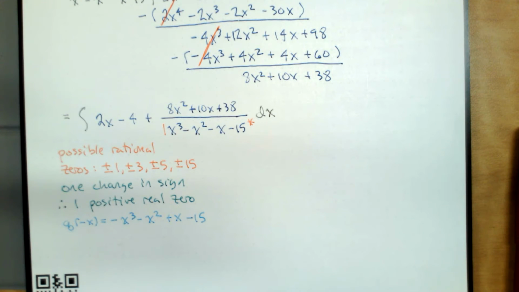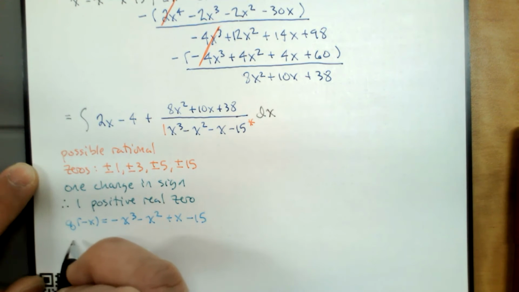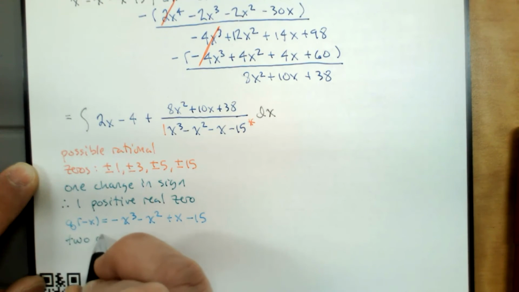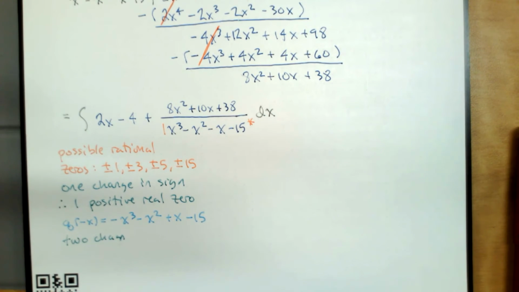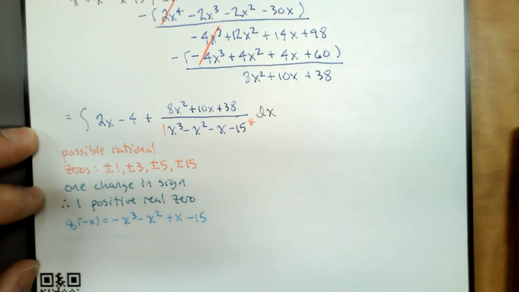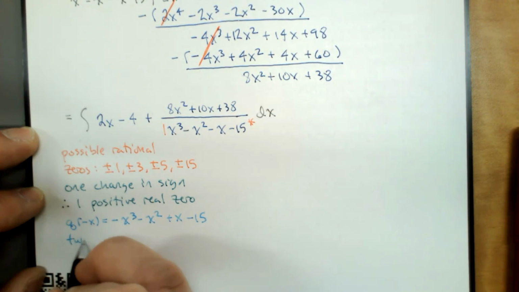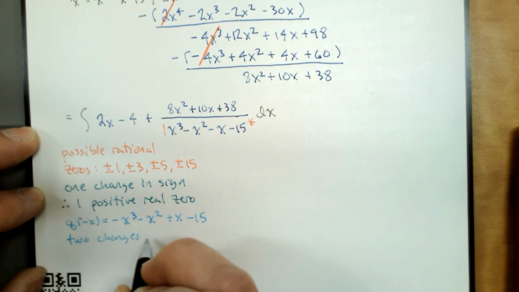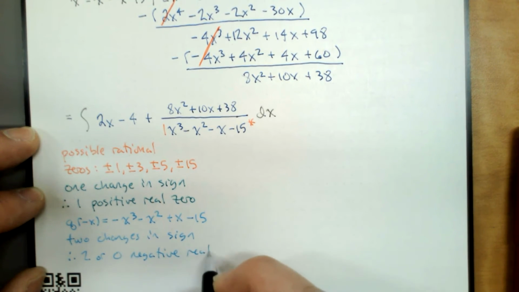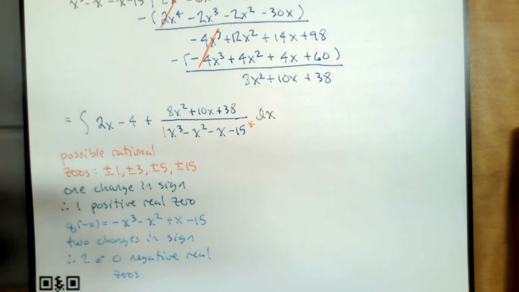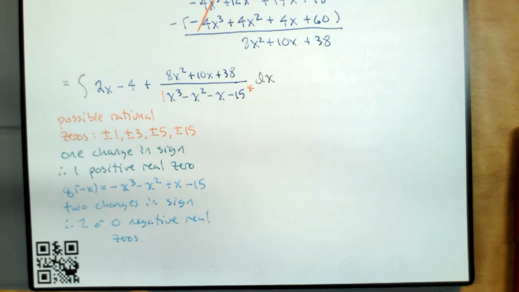Q of negative x has 2 changes in sign, so there are 2 or 0 negative real zeros.